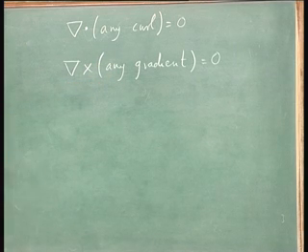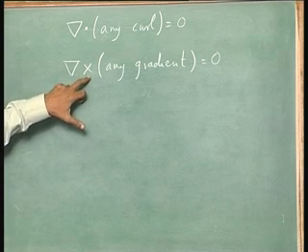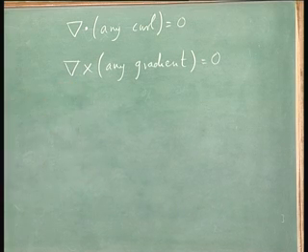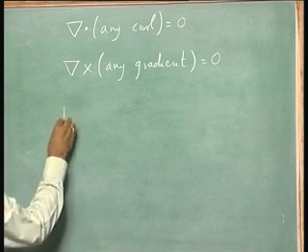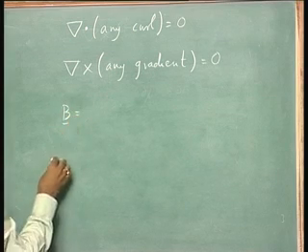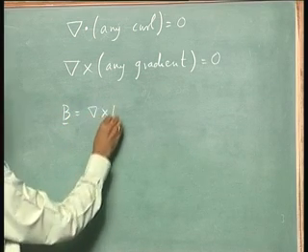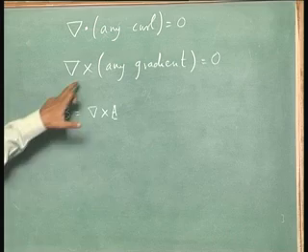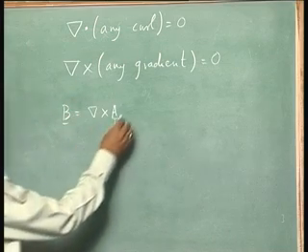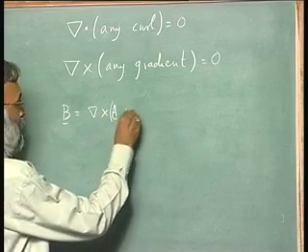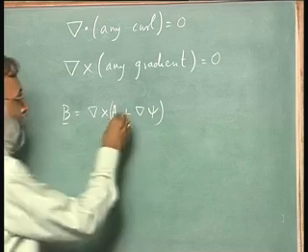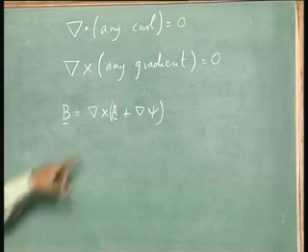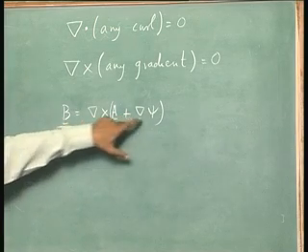Now, what does this mean? We already know that B is the curl of something. So, supposing I said B is curl of A, and then I look at this, I can say B is also the curl of A plus gradient of something, because curl of the gradient of anything is 0.